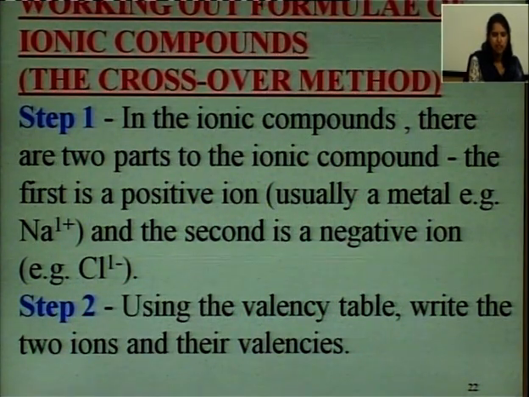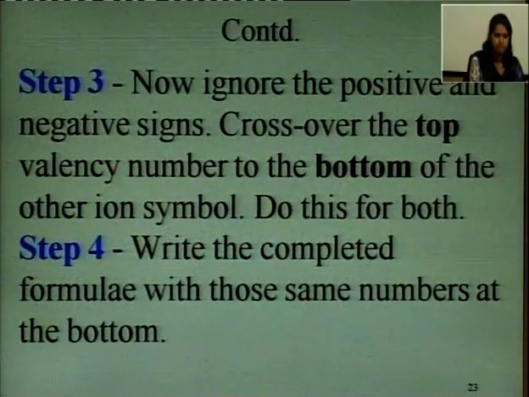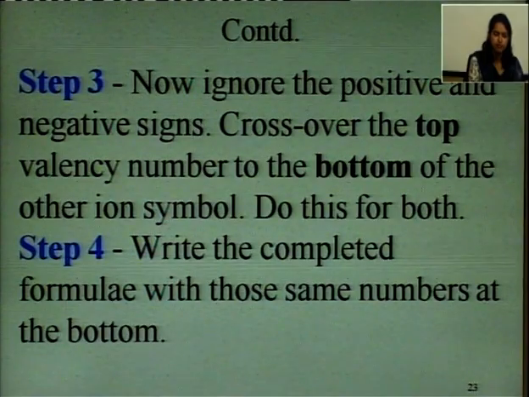Step 2: using the valency table, write the two ions and their valencies. Now, ignore the positive and negative signs. After writing the positive part towards the left and the negative part towards the right, you ignore the positive and negative signs and convert them into numbers.